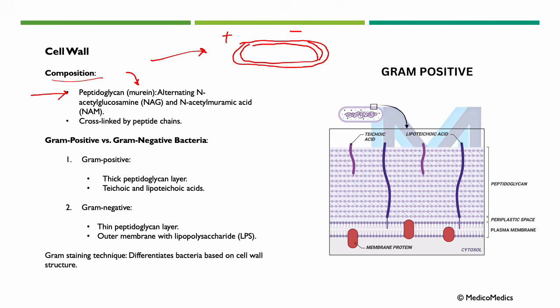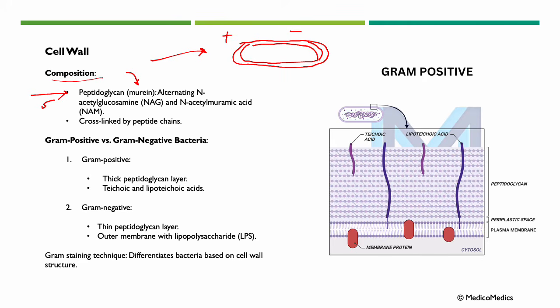And this peptidoglycan is a polymer made of two repeating sugar molecules that form a glycan backbone. So we will find sugar here, derivatives of glucose, essentially, and this forms a glycan backbone.